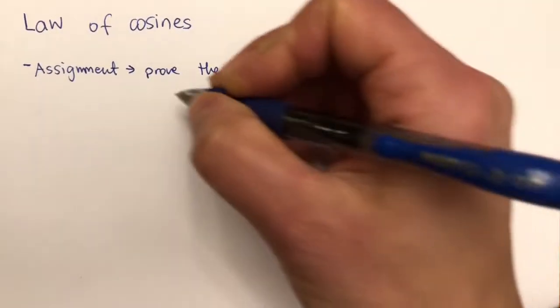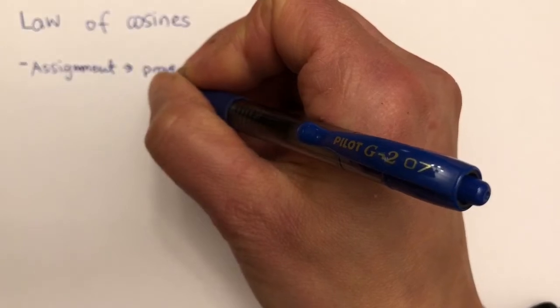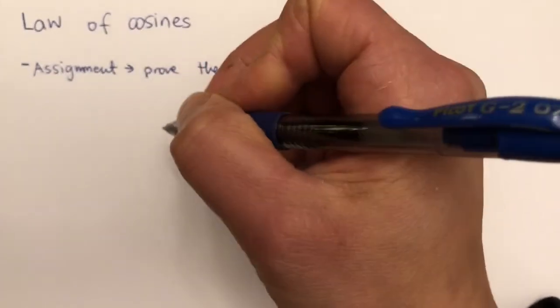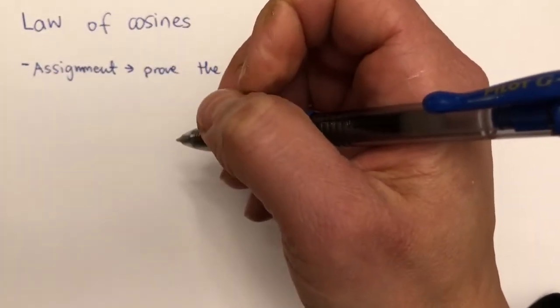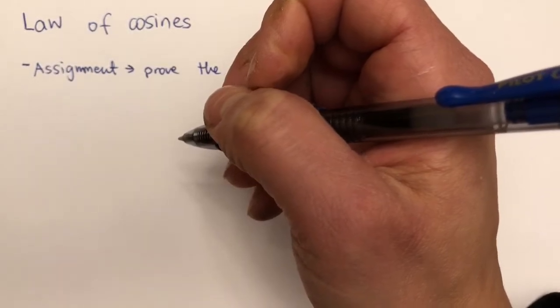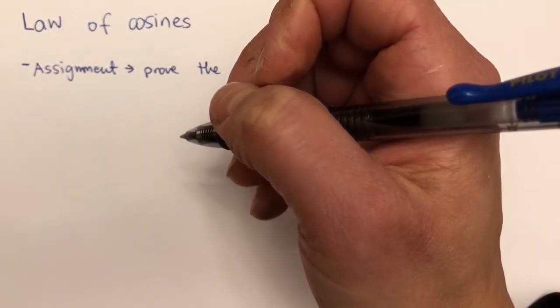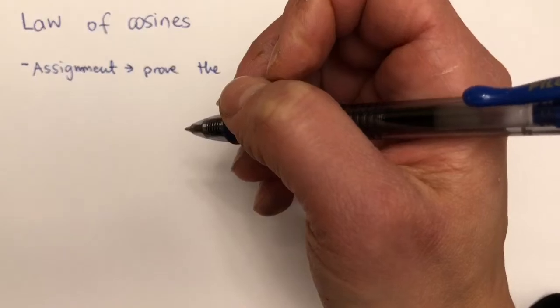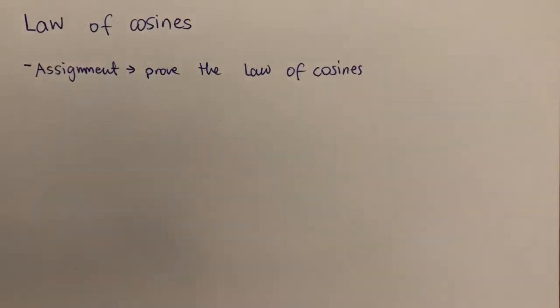You can videotape yourself, or you can just write it out. You can watch videos on YouTube, or there are plenty of places where you can find how to do it. But I want you to do it, and I want you to copy this, make sure you understand how it works, and write me something about this.